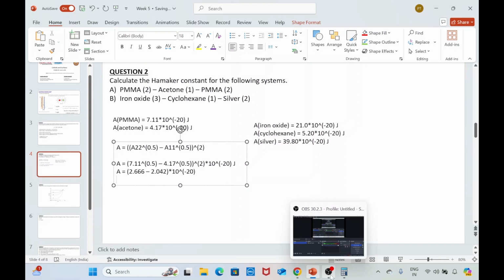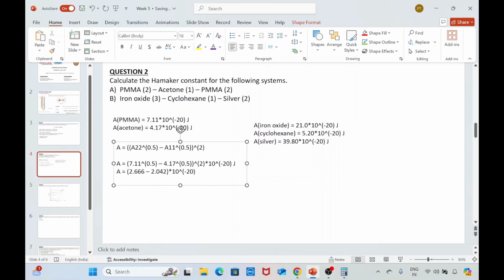So if you subtract, I believe you will be getting 0.62. So this is the Hamaker's constant value for two PMMA particles that are separated by acetone.